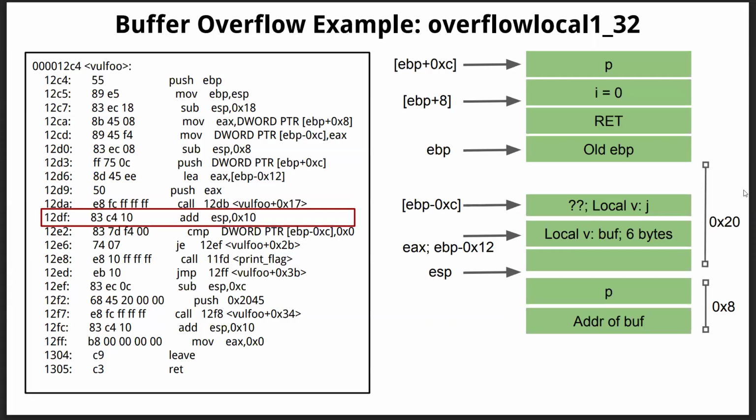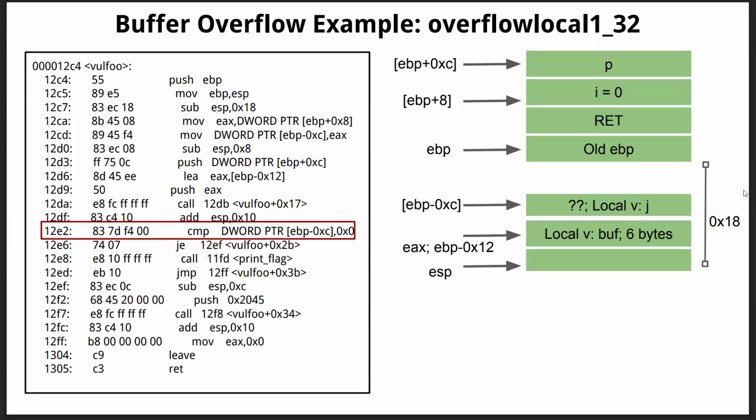Then after we come back from the string copy, we have ADD ESP, 16 bytes. The reason is we don't really need those 2 arguments anymore, so we move ESP up. We're trying to balance the stack. Then we are going to compare j to 0, right? And j is at EBP minus C. We compare that value with 0.